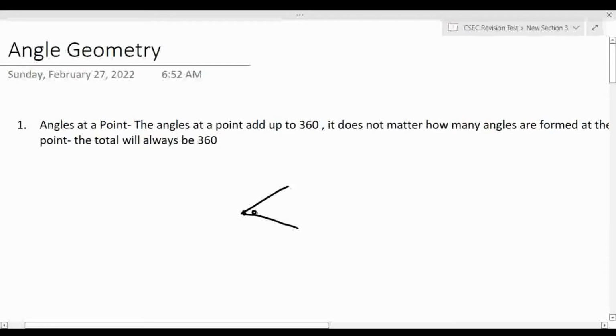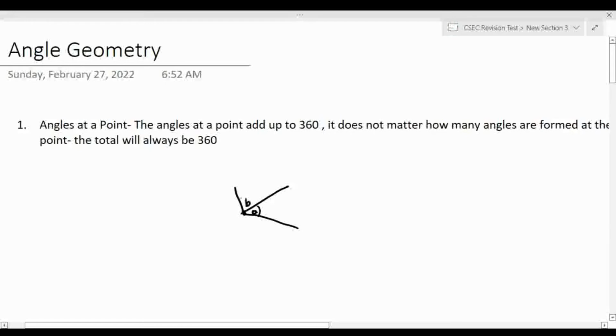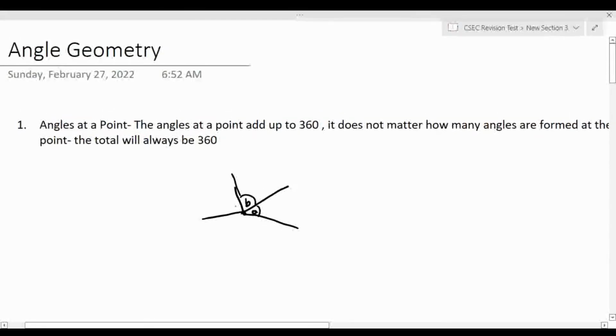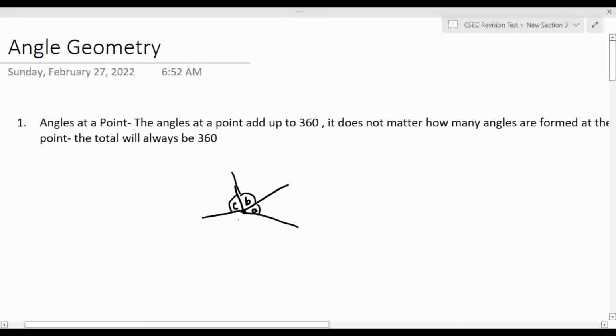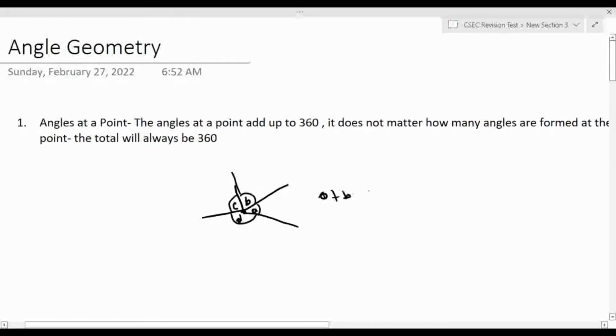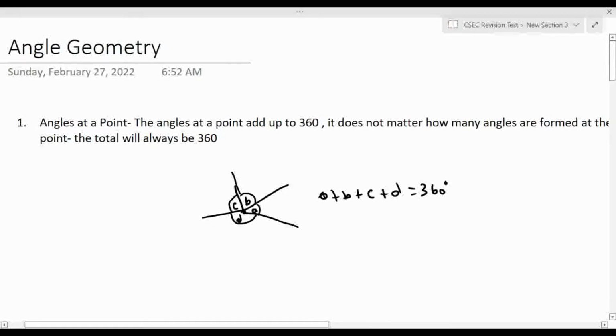Call this angle A. Form another angle, call this angle B. Form another angle, call this angle C. Form another angle, D. And A plus B plus C plus D will add up to 360 degrees. That principle is important as we need to understand how to find the sum of angles at a point.